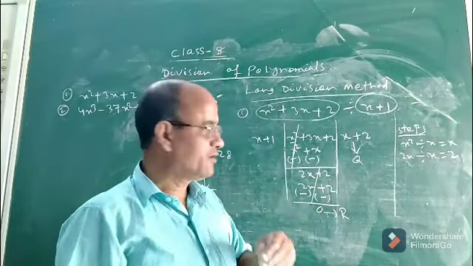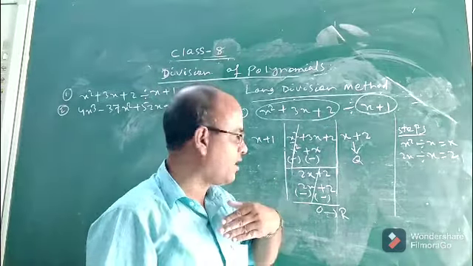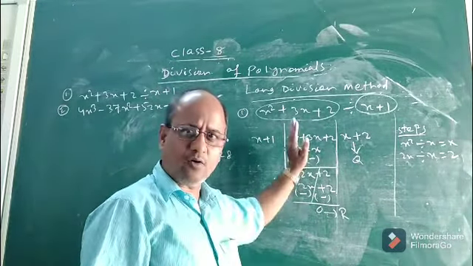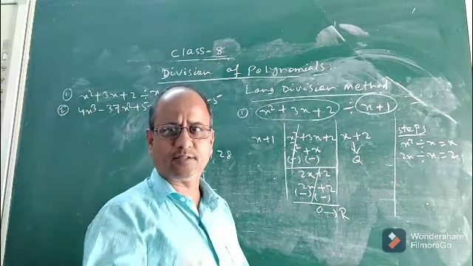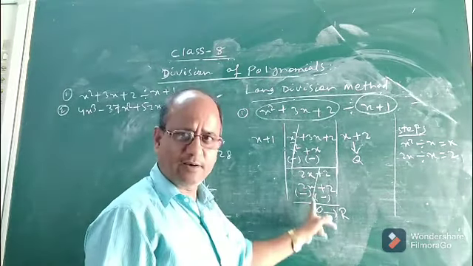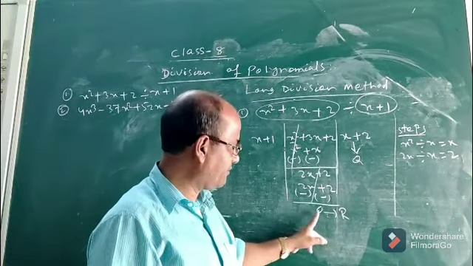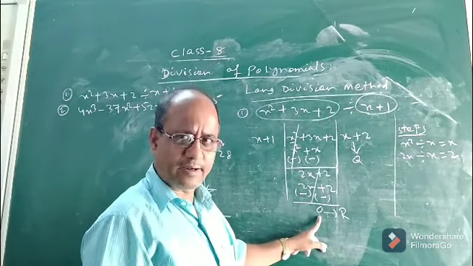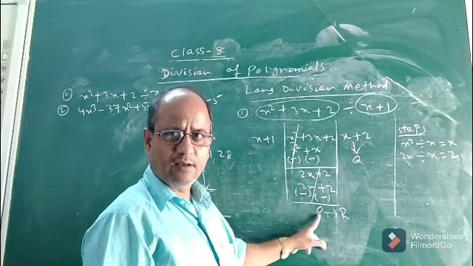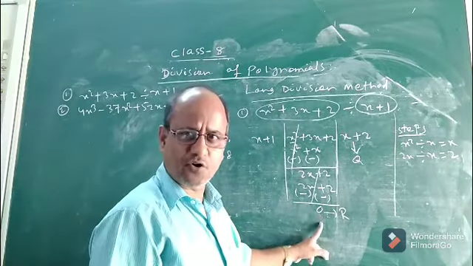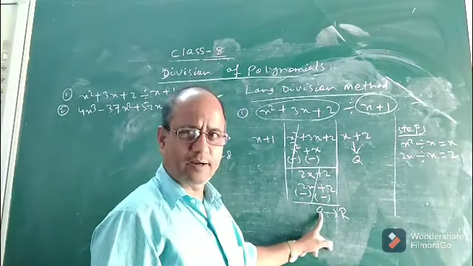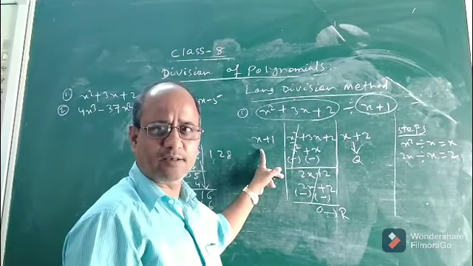Another question you can ask me, sir, how long will we carry on the long division process? The answer is, you will carry on the long division process till you get a remainder whose degree is either 0 or less than the degree of the divisor.